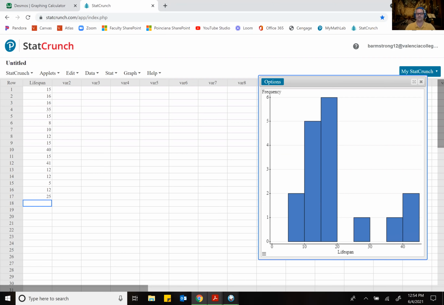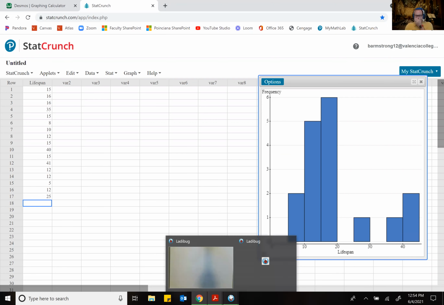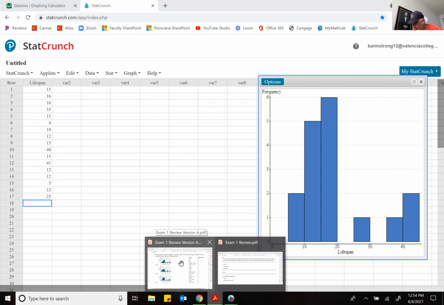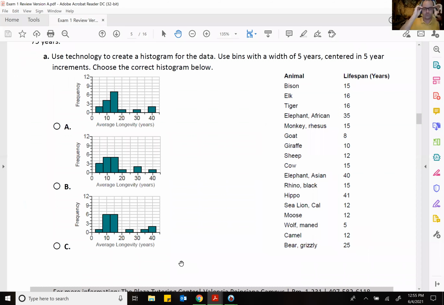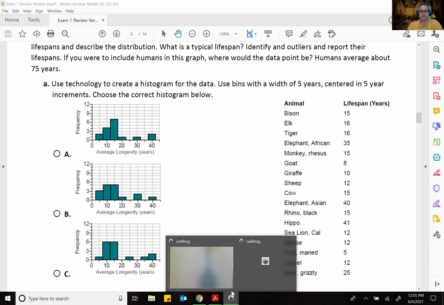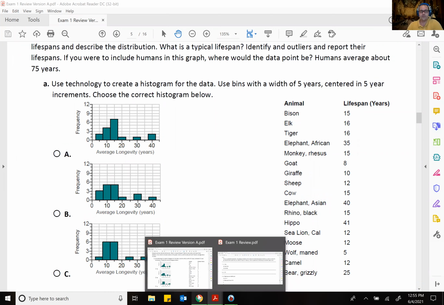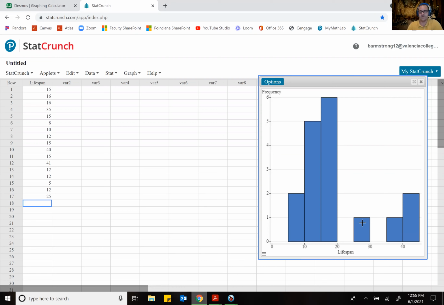So if I go back to my answers, I needed a bar graph that looked somewhat like what I had here. Notice there should be 2 spaces and it goes up in the end.